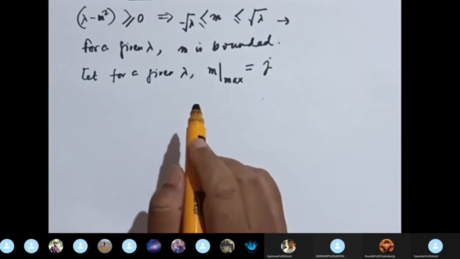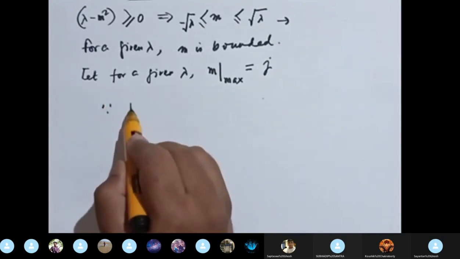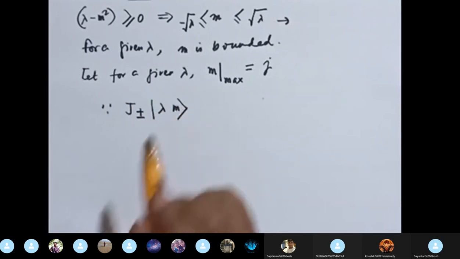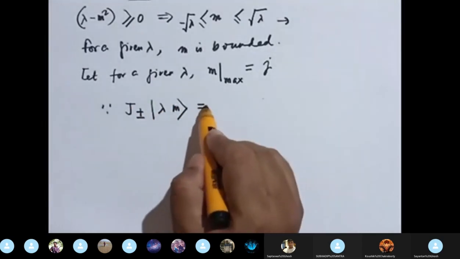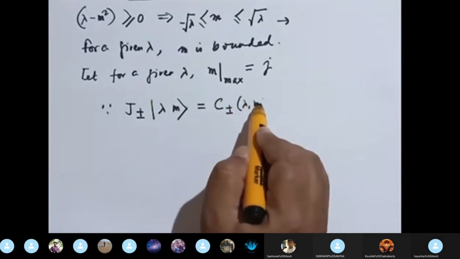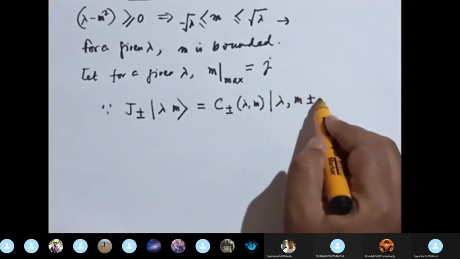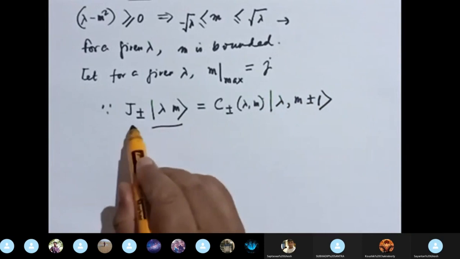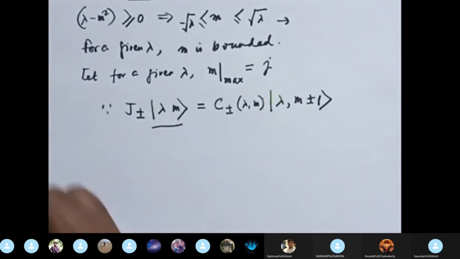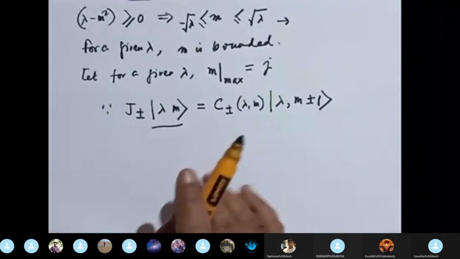Now, since we have seen this relation, J plus minus acting on the state lambda, m gives a constant into lambda, m plus minus 1. It will raise or decrease the value of m by 1 unit. We have seen this from the previous calculation, so I am not using any result which is not done here.